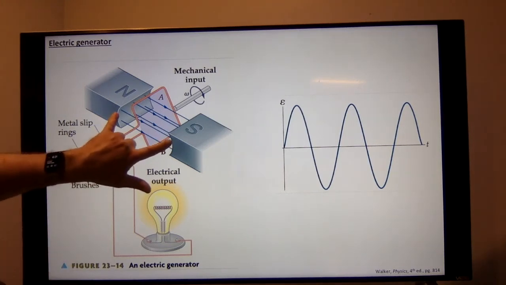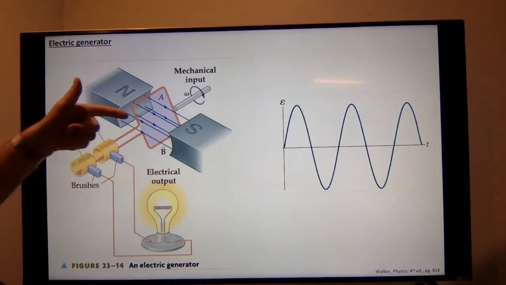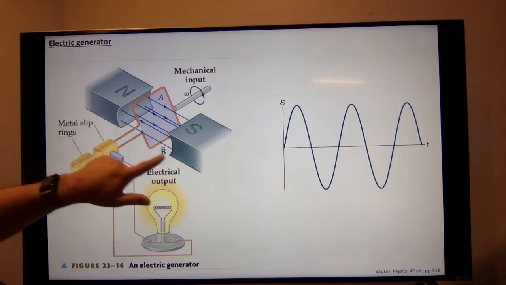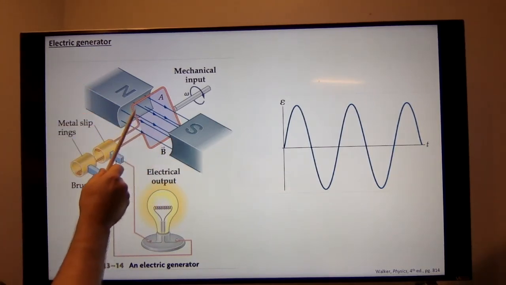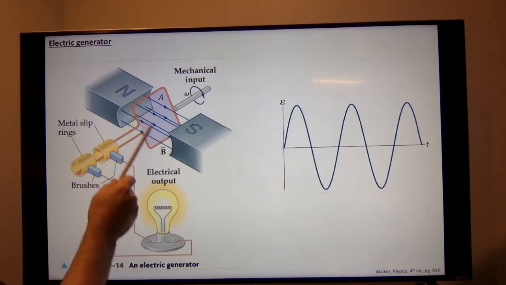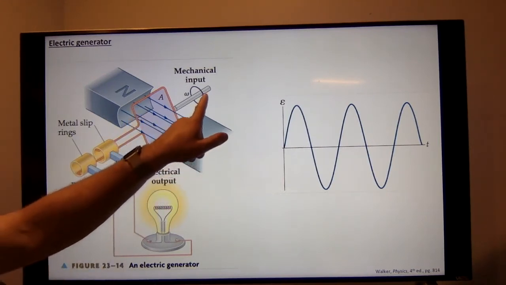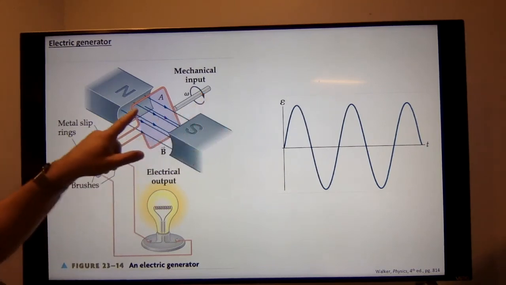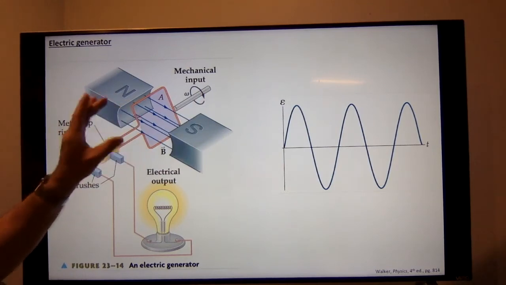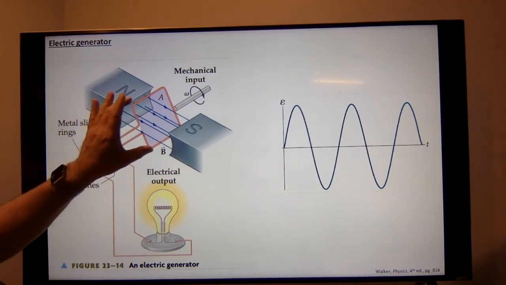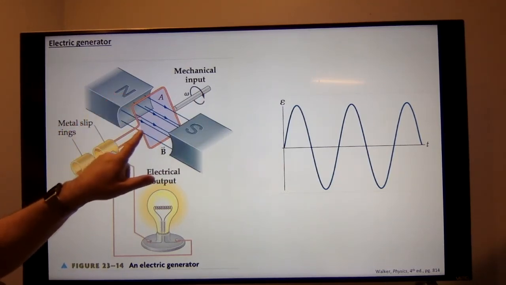So if I were to take a couple of permanent magnets so that I can create a magnetic field between a north and a south pole, and then put a loop of wire in that magnetic field and turn that loop of wire, well, as long as it is turning, the amount of magnetic flux is always changing. And if it's always changing, it's always generating current.